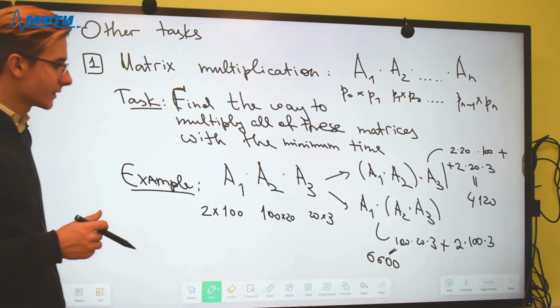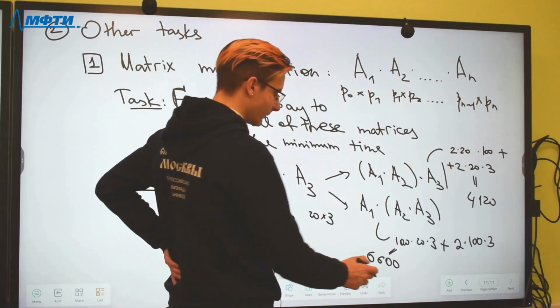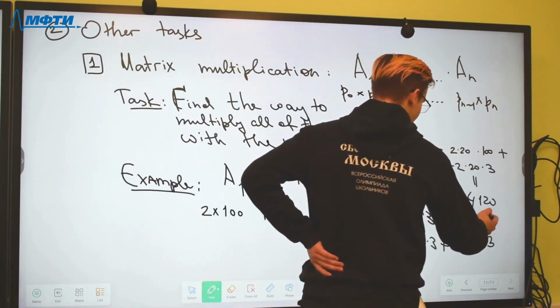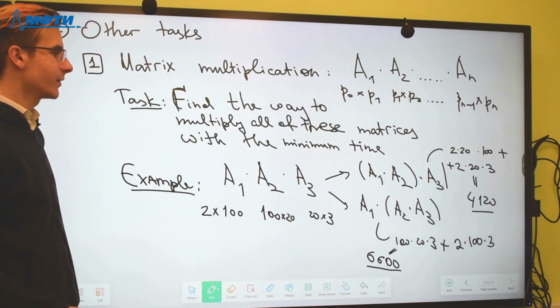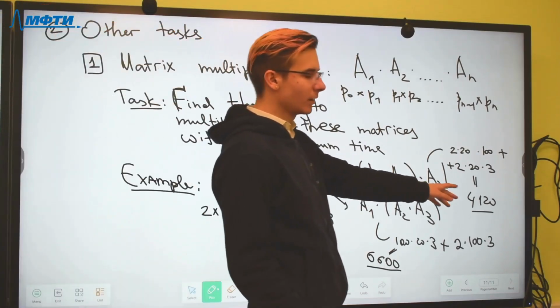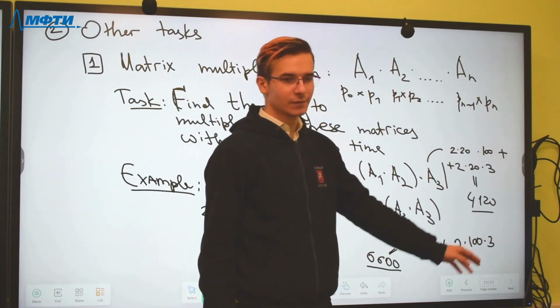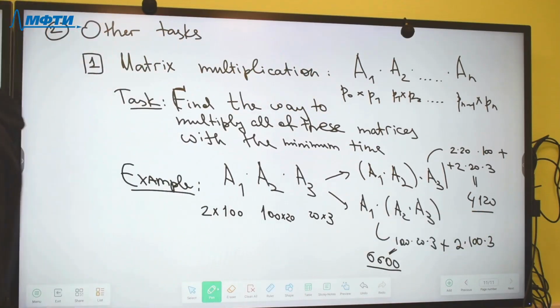And you see that the answers are different. So we want to find the minimum answer for this multiplication.